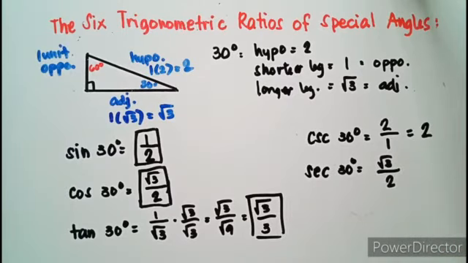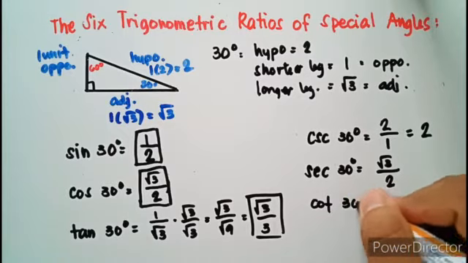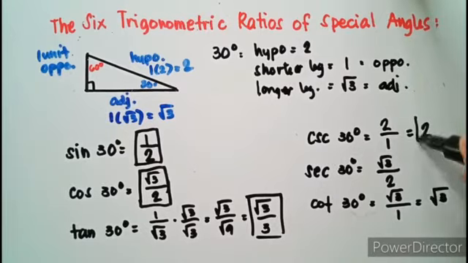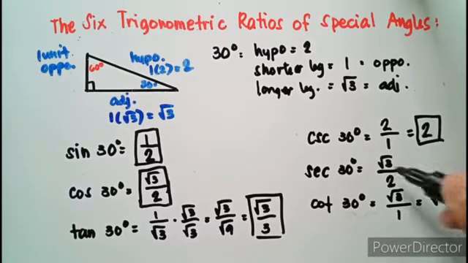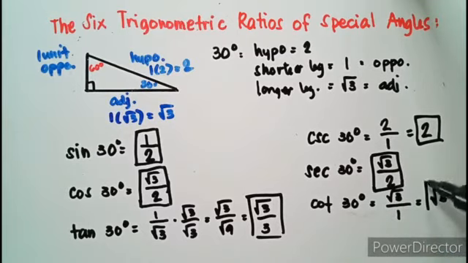So, that is square root of 3 over 2. Then, for our cotangent 30 degrees, that is equal to adjacent, square root of 3, over opposite, which is 1. So, that is equal to square root of 3. So, these are the values of our 6 trigonometric ratios of 30 degrees.